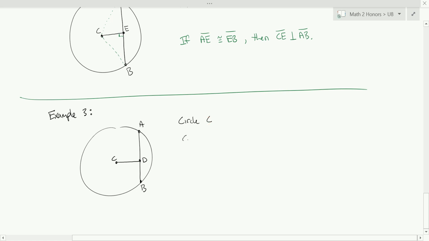I'm going to tell you that CD is perpendicular to AB, that CD is 5, and AB is 12.